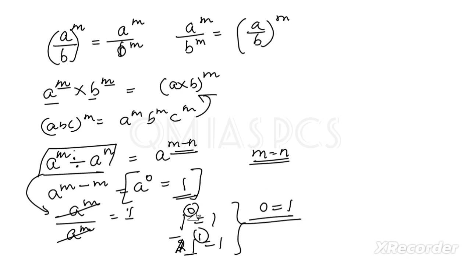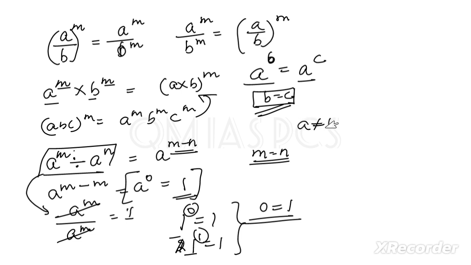For a to the power b and a to the power c, when the base is the same, the powers should be the same. This is true, but it is not applicable when a is equal to 1. a should not be 1. This is an exception, so keep it in mind. For other numbers this is applicable. Got it?